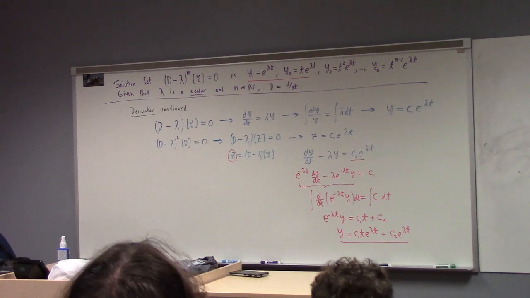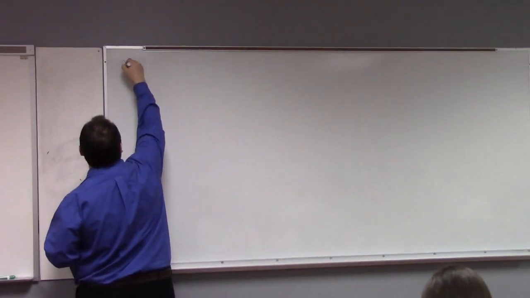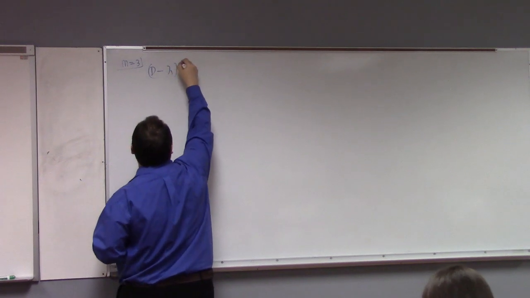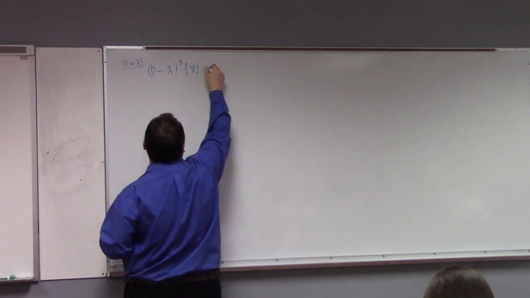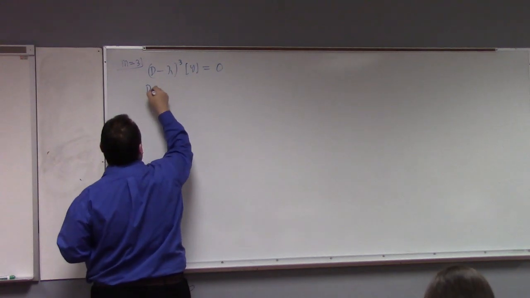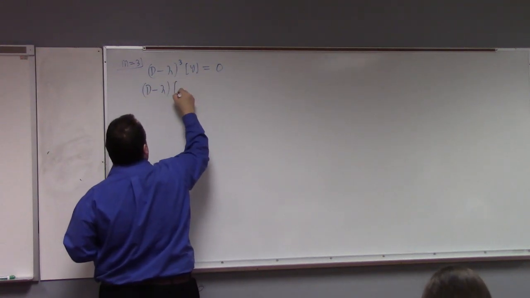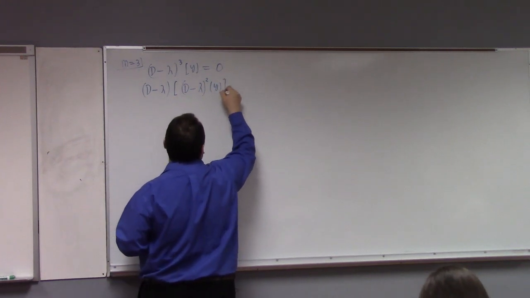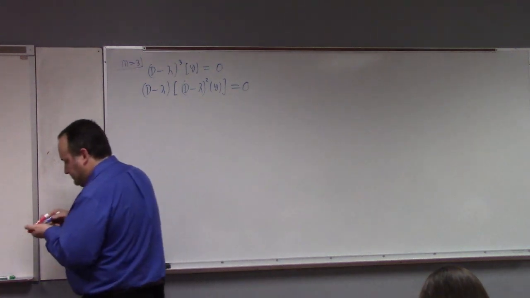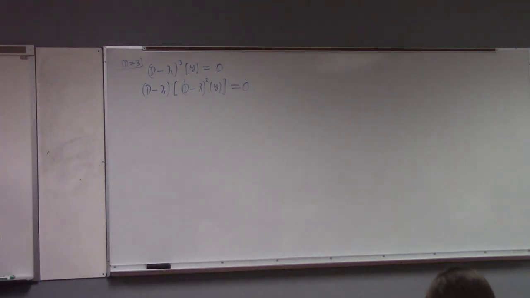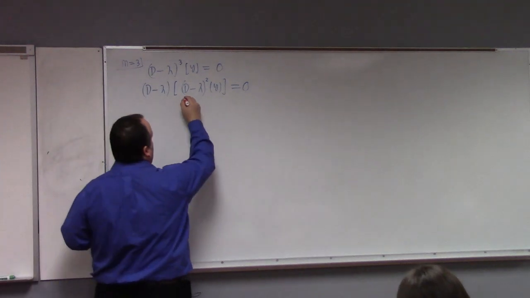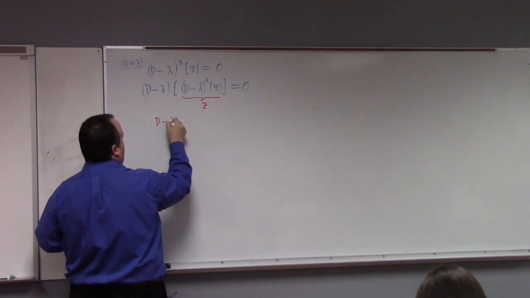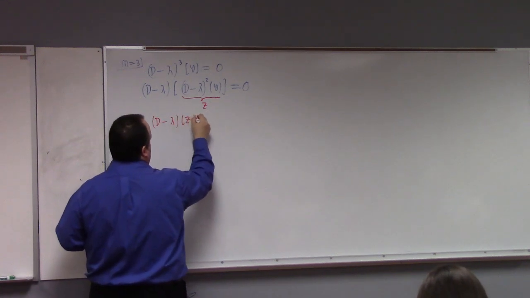Let's see how that goes. So m equals 3. So we'd have (D minus lambda) cubed y equals 0. So look at this as D minus lambda operating on (D minus lambda) squared y equals 0, right? And we make a substitution, call this thing, for lack of imagination, z. So you've got (D minus lambda) acting on z equal to 0.